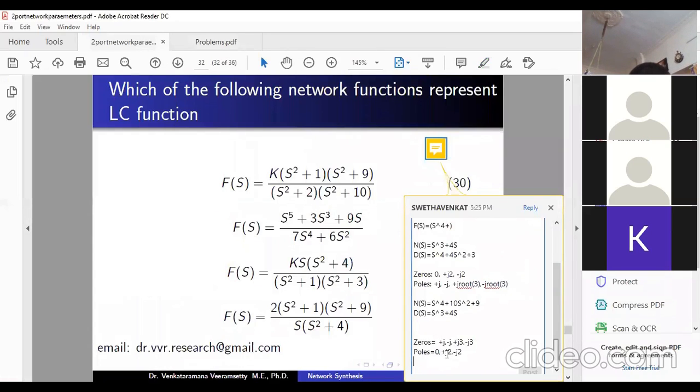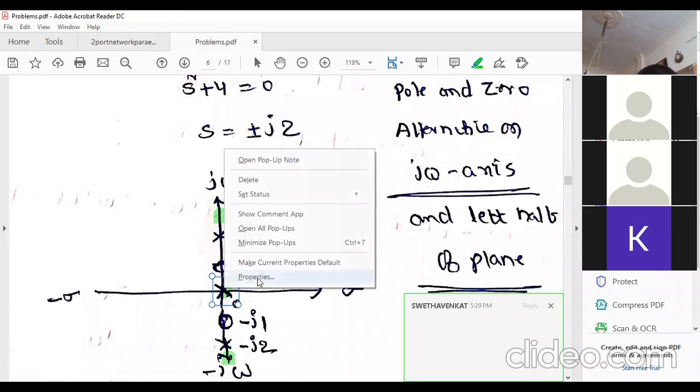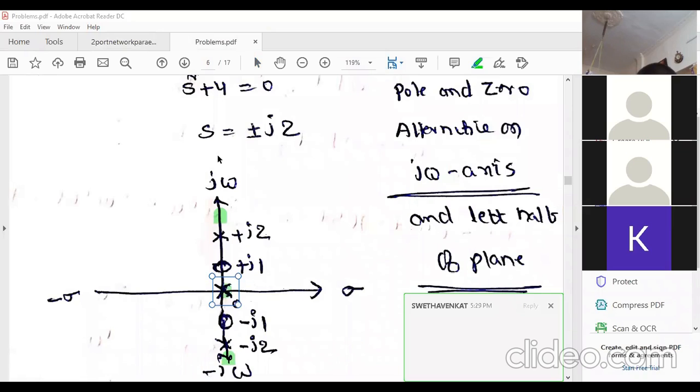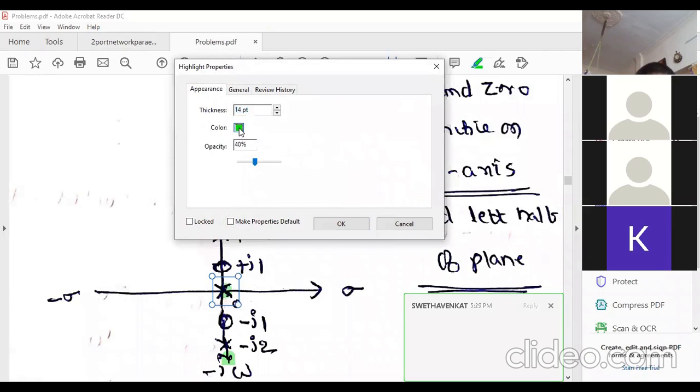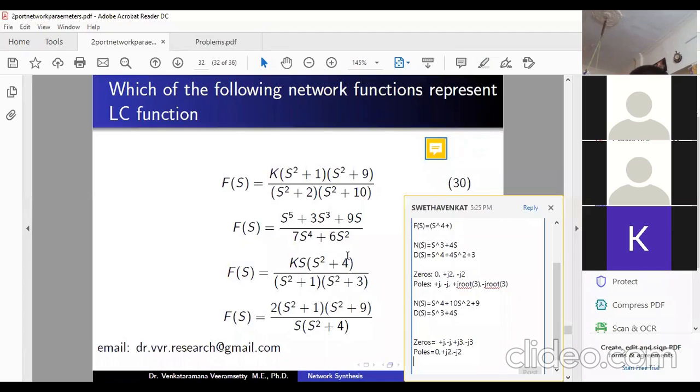And now the poles. Coming to the poles, there is one pole at the origin. Poles I am representing with the red color. So one pole at the origin, and two more poles at plus j2 and minus j2.